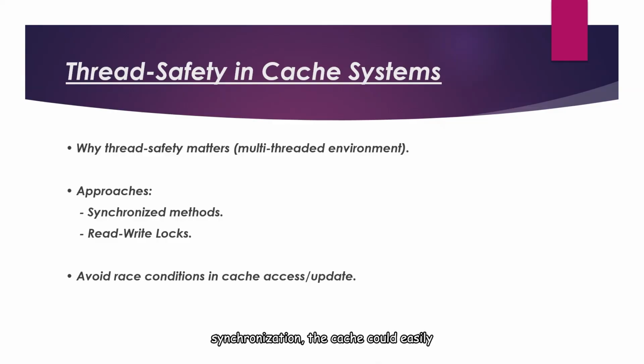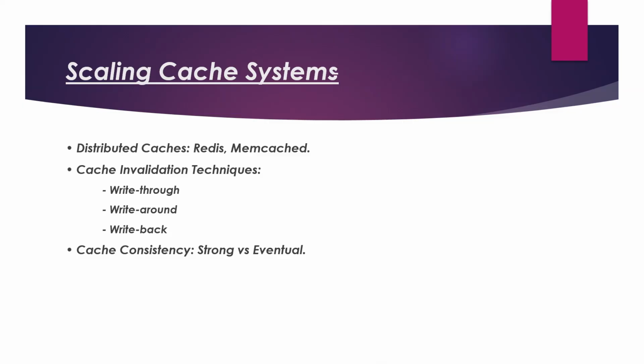Without proper synchronization, the cache could easily get into an inconsistent state, returning wrong results or even crashing. To make caches thread-safe, we can use synchronized methods, locks like read-write locks, or thread-safe collections from concurrent libraries. Thread safety is non-negotiable in high-performance production-grade caches.